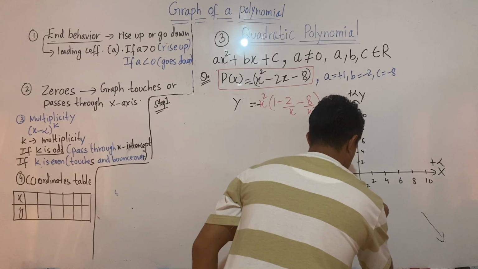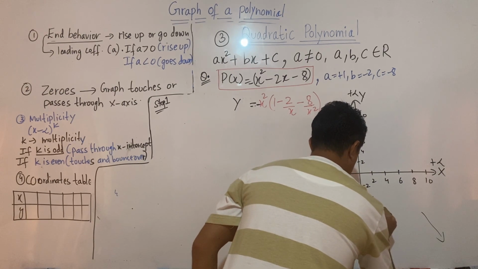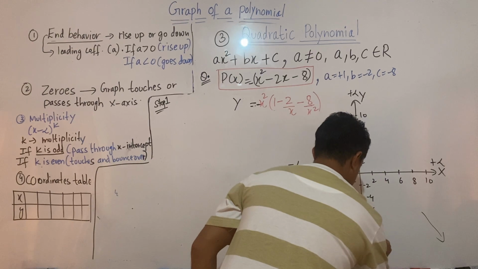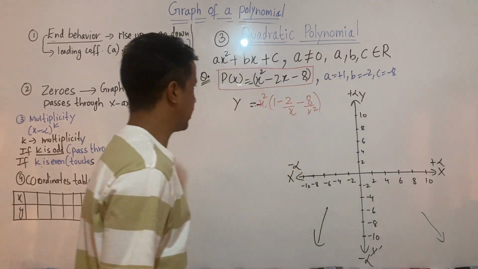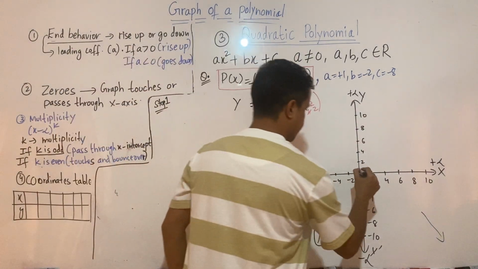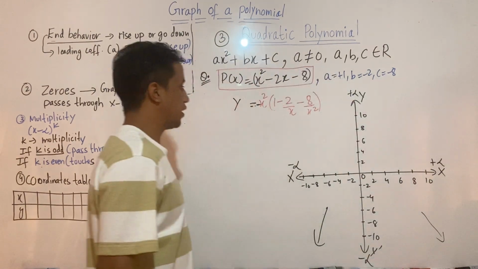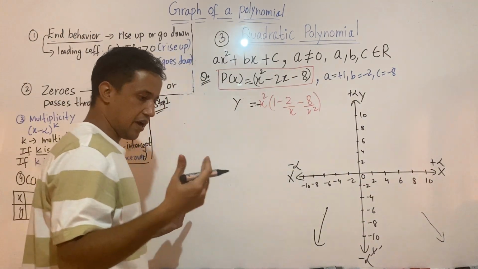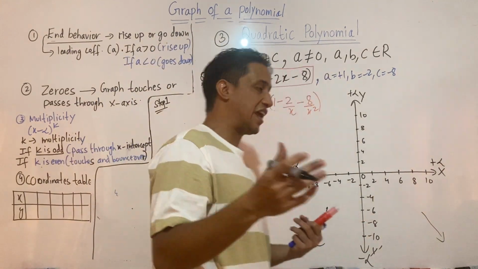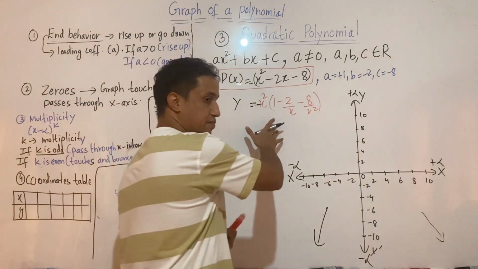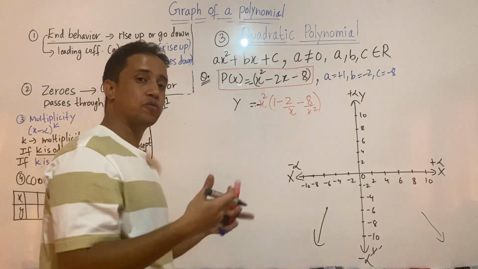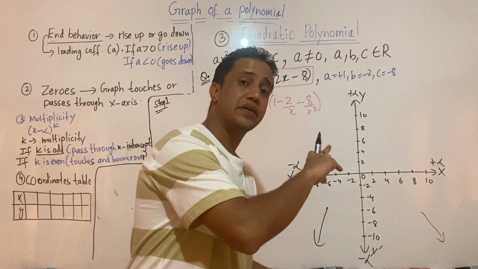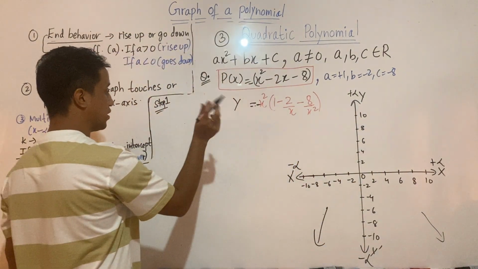This is 0. So the zeros for this polynomial expression are going to be the same as the previous one.